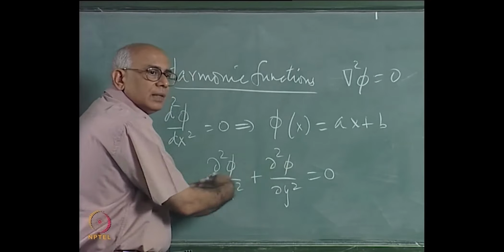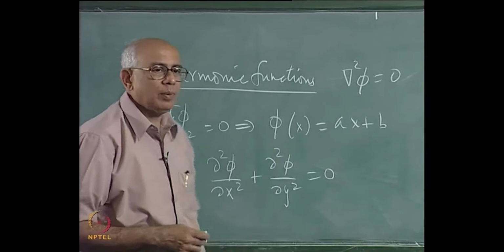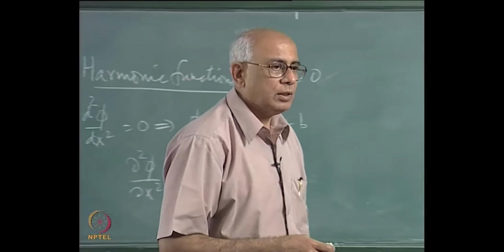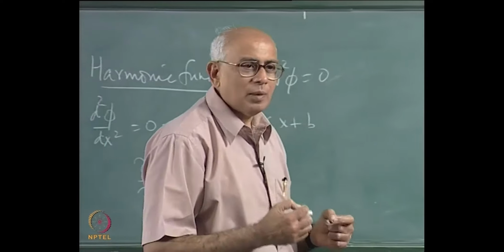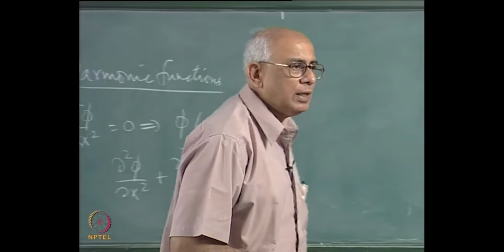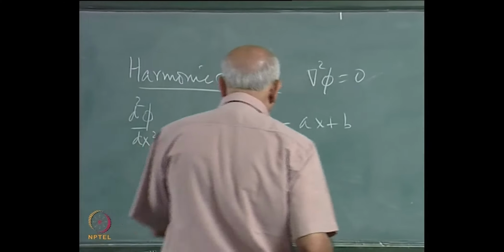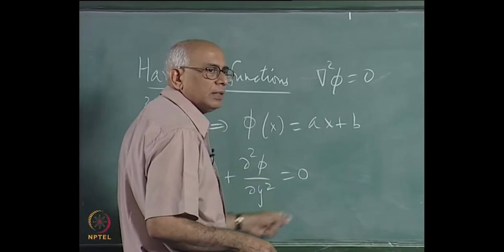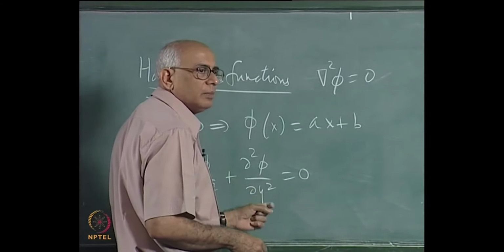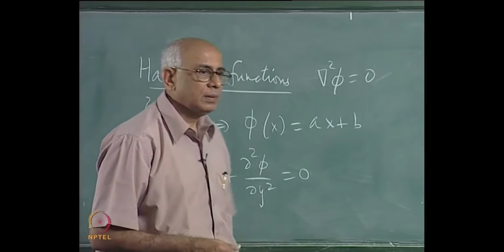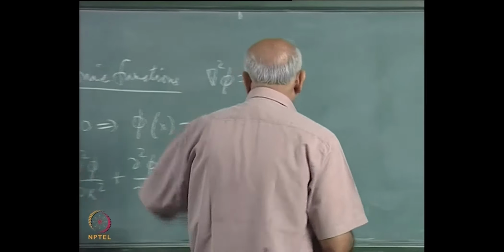This could cancel that in general. So you have many more complicated functions which are harmonic functions, but what is the primary physical property of harmonic functions which leads to its being a solution of Laplace's equation? What is the import of this statement here? What is it geometrically in this case?